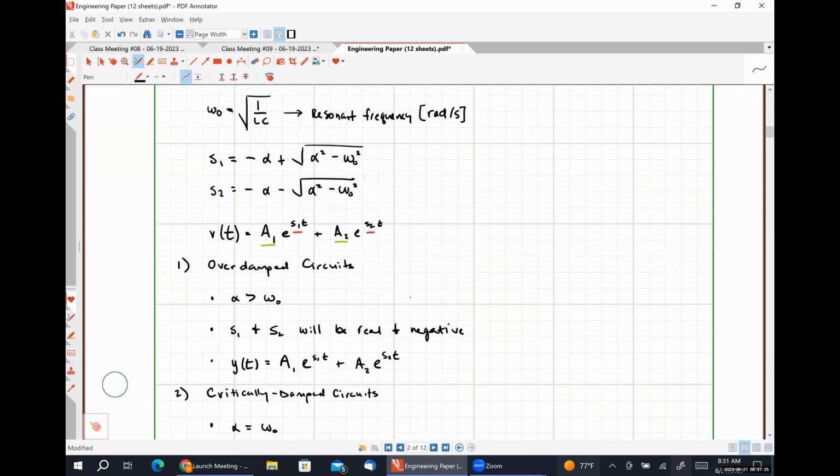If alpha is less than omega naught, then we're going to have S1 is negative alpha plus the square root of some negative number, and S2 is going to be negative alpha minus the square root of some negative number. And that some negative number is going to be equal in both cases, which means S1 and S2 are complex conjugates of each other.